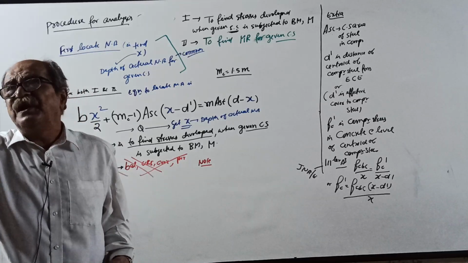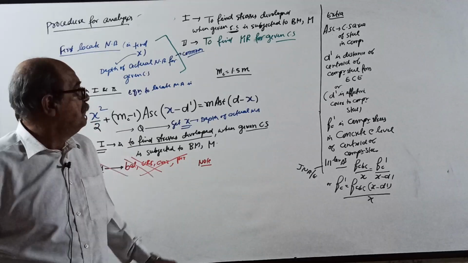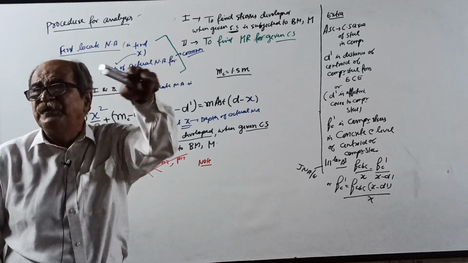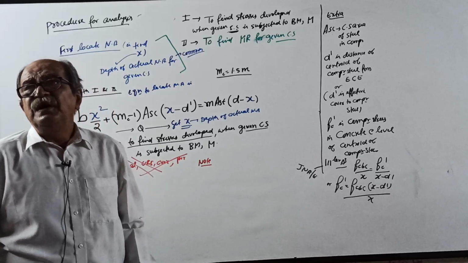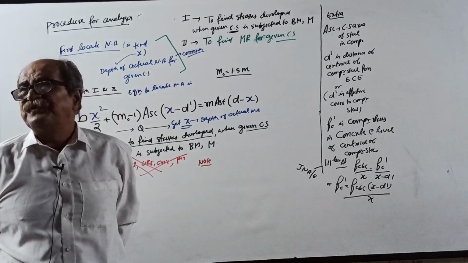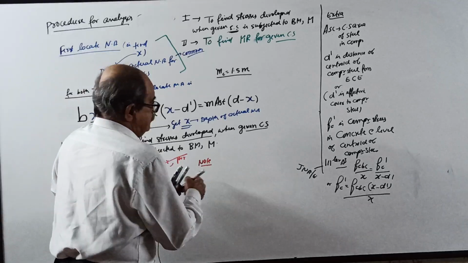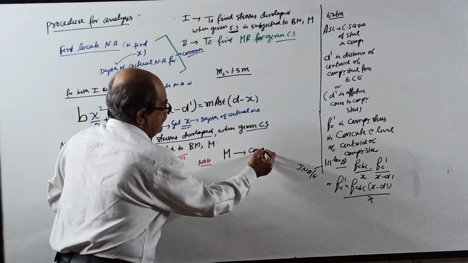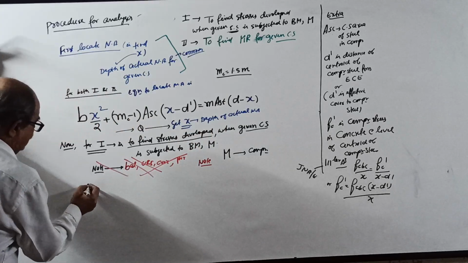I told the reason in the regular class. It is not impossible; I will show you later it is possible. Therefore, in doubly reinforced section, you use M in terms of only compression.